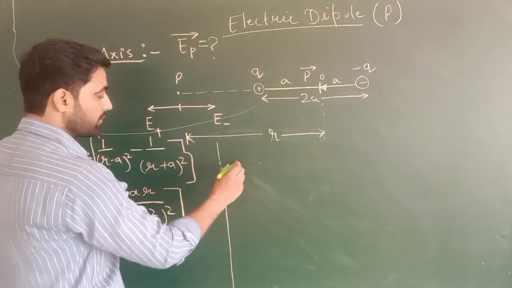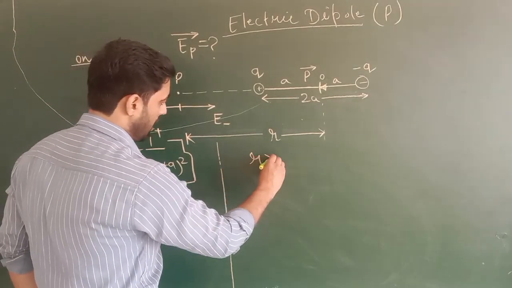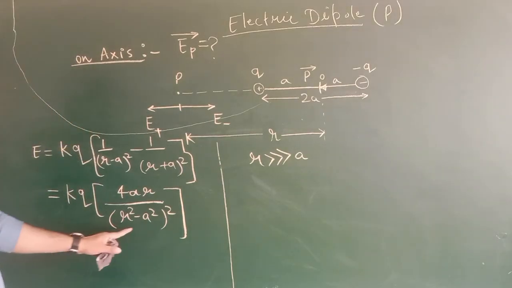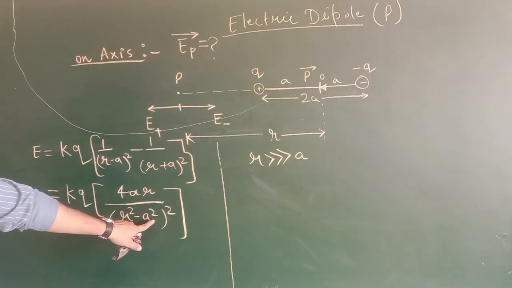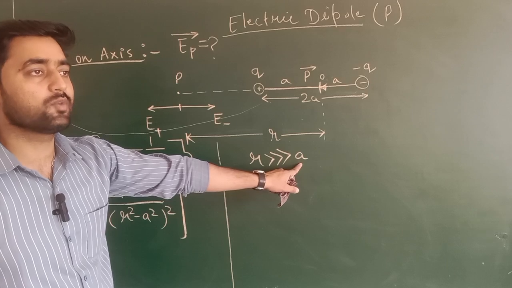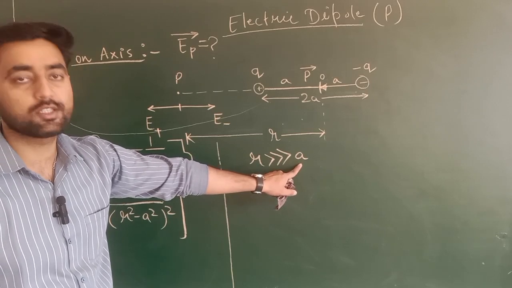If we consider r much greater than a, we can neglect the square of a, because a is already very small, and when we square a very small quantity, that becomes really negligible.